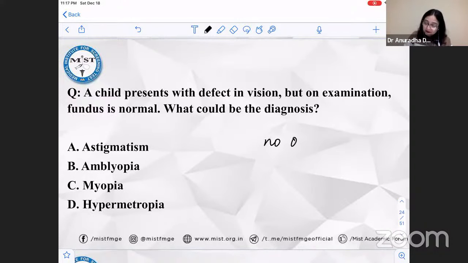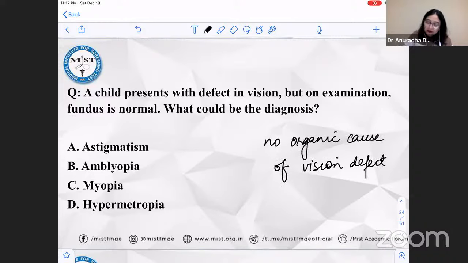Organic cause means some pathology in the eye structures which could explain the defect in vision. So when there is decreased vision in the absence of an organic cause, that is known as amblyopia. And in those cases, the fundus will be normal on examination.